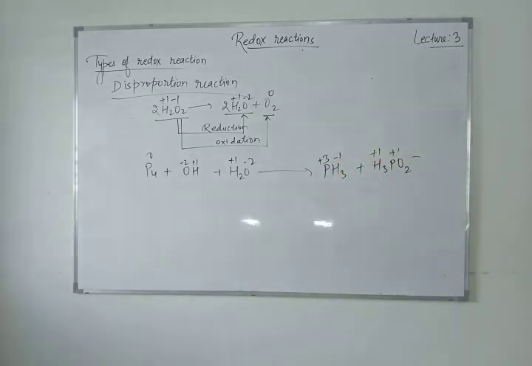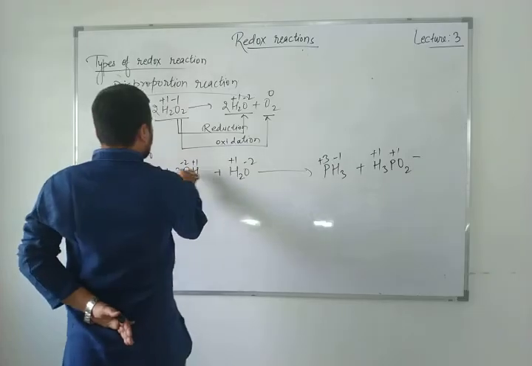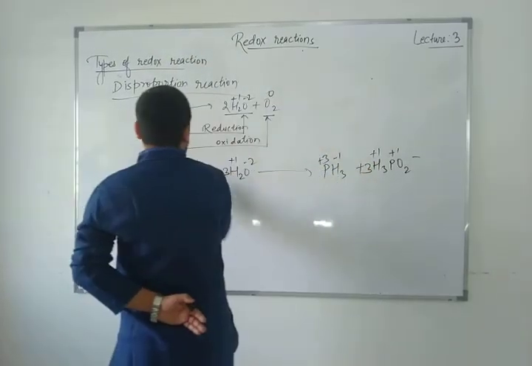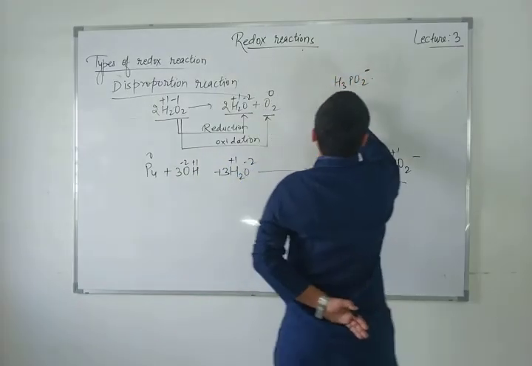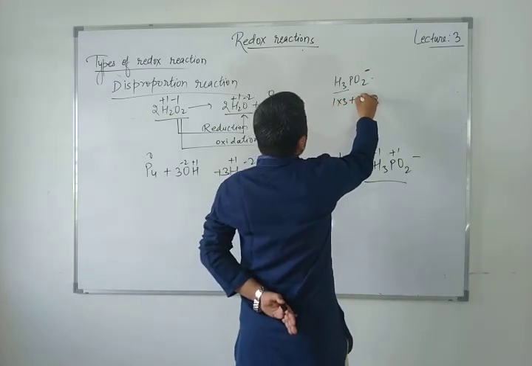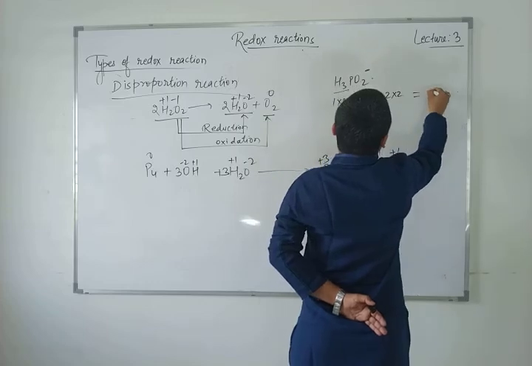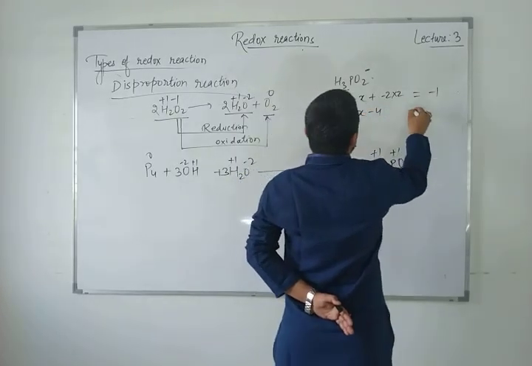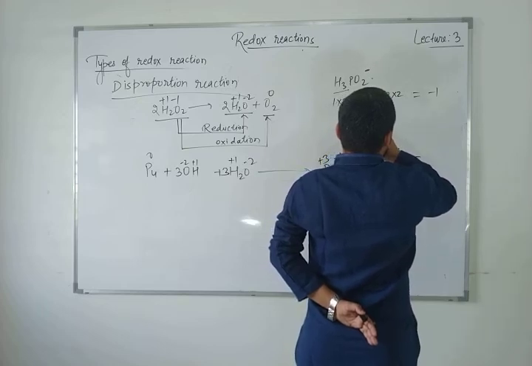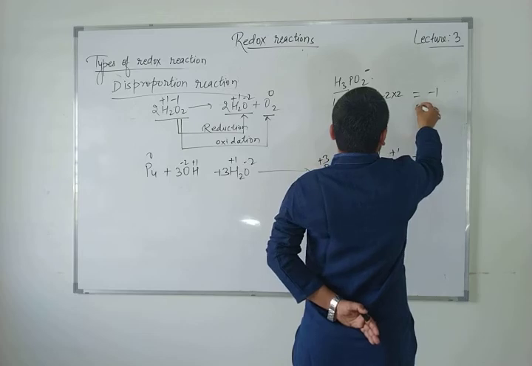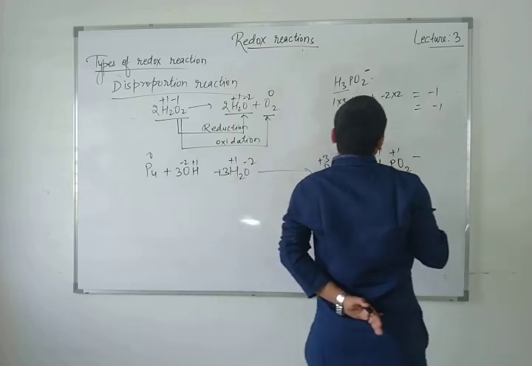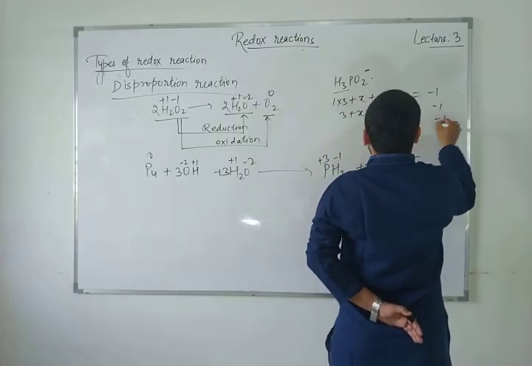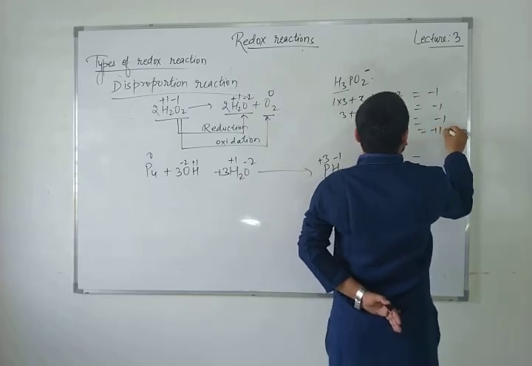Balance the reaction: 3OH minus and 3H2O give 3H2PO2 minus. Let's calculate: hydrogen is plus 1, so 1 into 3, phosphorus X, oxygen minus 2 into 2, equals minus 1. So 3 plus X minus 4 equals minus 1.